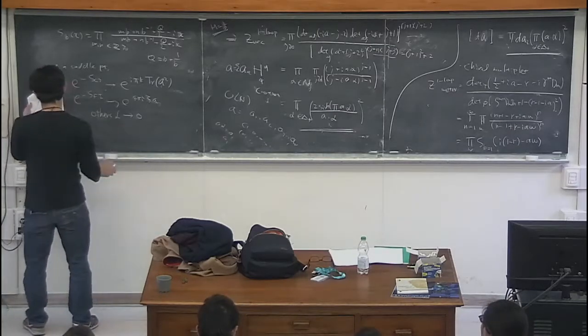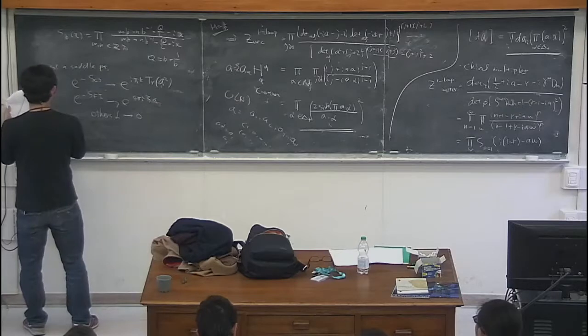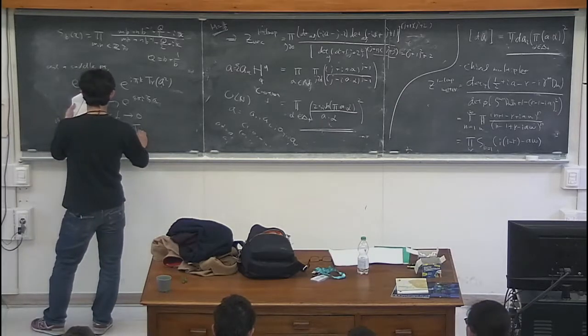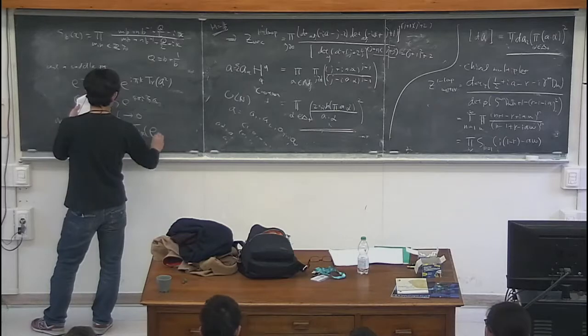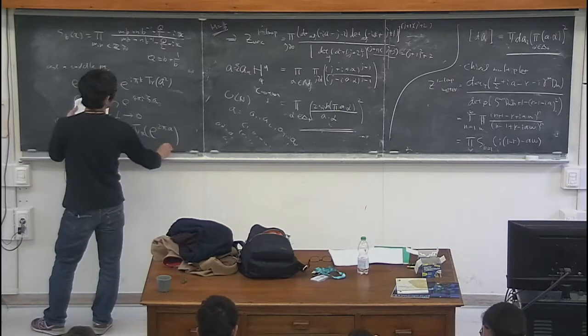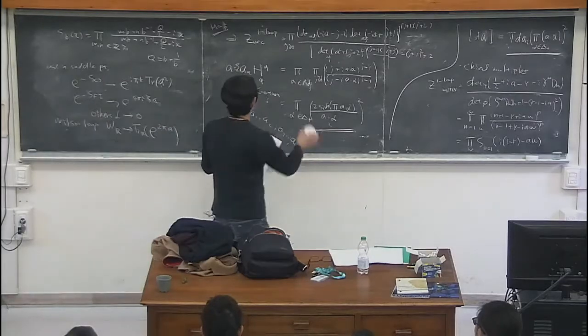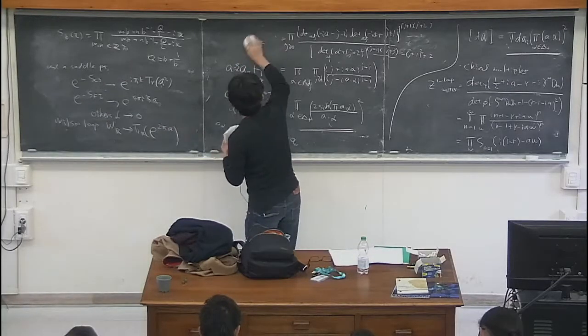And then the Wilson loop is also evaluated at the saddle point. So it's just the insertion of exponential 2 pi a. This comes from the supersymmetric completion, with sigma or something like that.